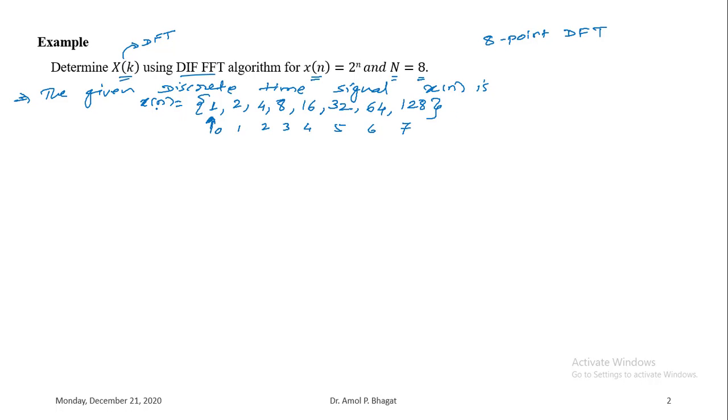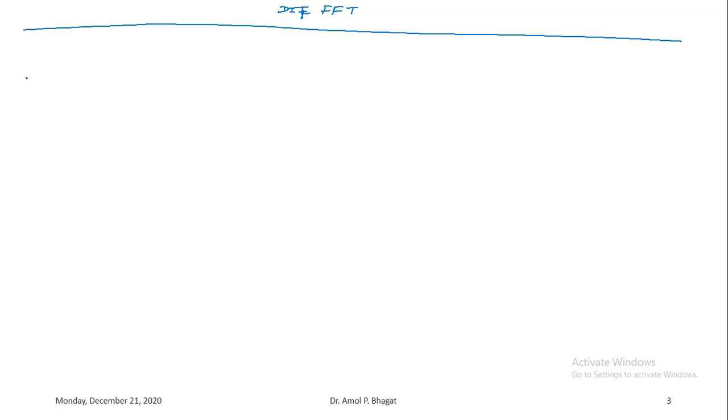So while identifying the 8-point DFT by using DIF FFT algorithm, again here we'll be using this 3-stage butterfly structure. As it is 8-point DFT, again we'll be drawing these 8 parallel lines.